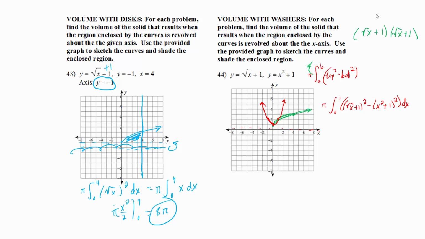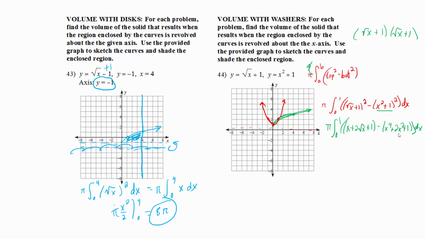So you have to say my outside term is 1x and my inside term is 1x, and so together those make 2x. So this will be square root of x times square root of x, which is x, plus 2 square roots of x, plus 1 times 1, which is 1, minus, and we're going to FOIL this out as well. So that'll be x to the 4th plus 2x squared plus 1.